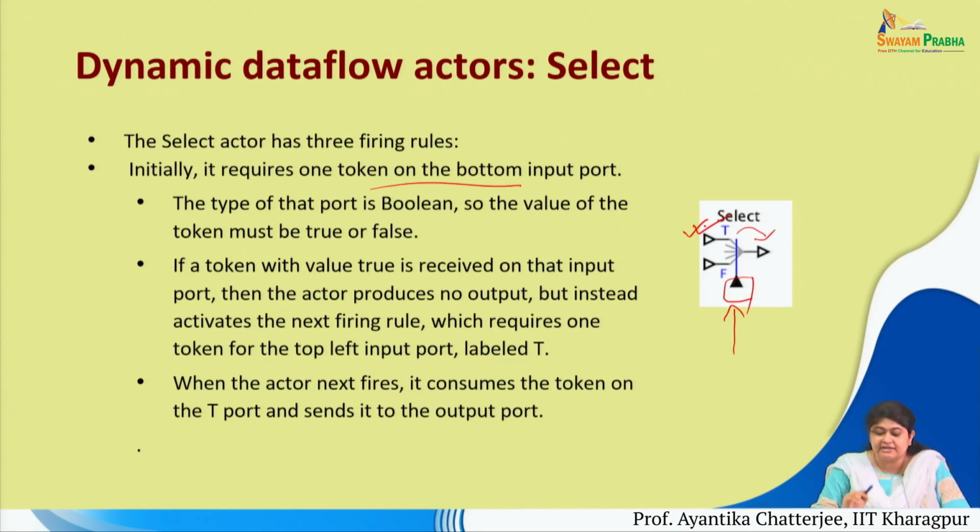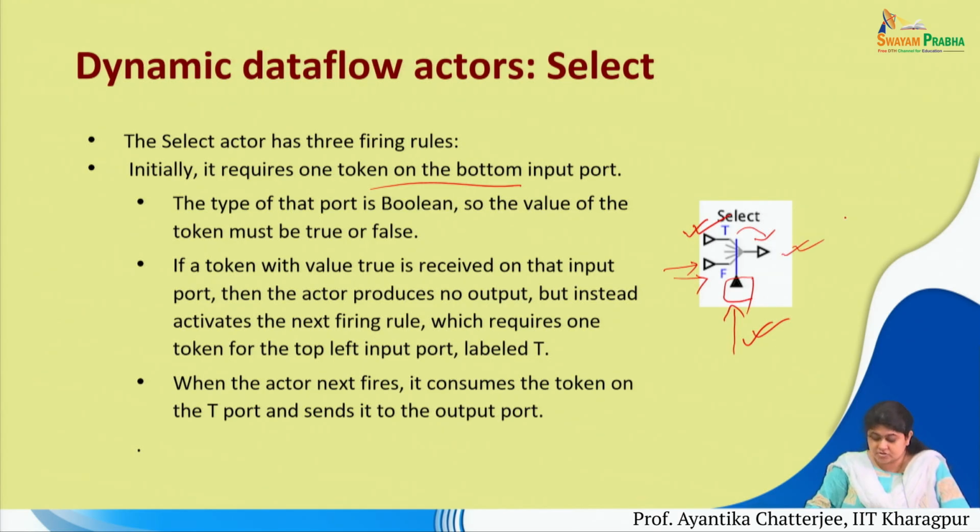On the other hand, if the input here is false, then if some input token is present in this port, then this transition will fire. So, based on the conditional input we are giving in this path, that is controlling which port will get enabled, whether the top left or the bottom left, and based on that the output will get generated.